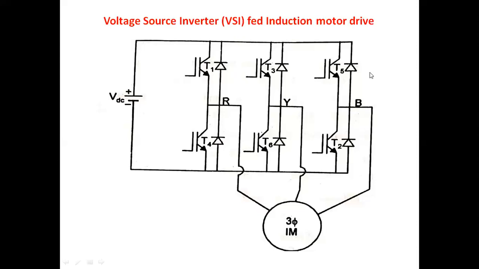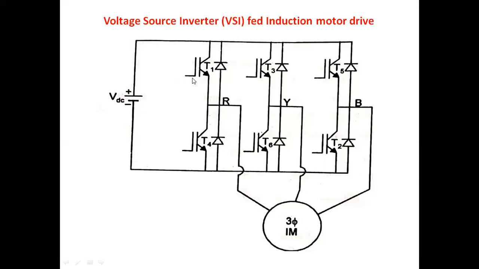It can again operate in two ways, either in PWM inverter mode or in stepped wave inverter mode. These ways of operation depend upon the type of pulses we provide to the switching devices. What type of pulse am I providing?